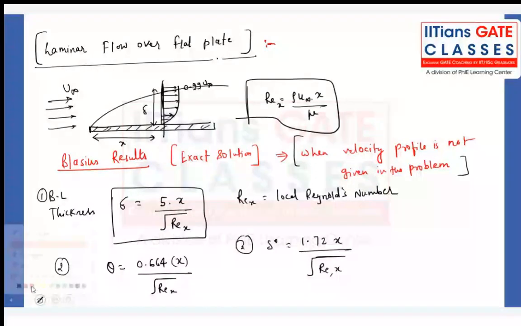Do not write it carelessly, otherwise you will get confused. Fourth one is the shape factor, that is displacement thickness by momentum thickness. That is 2.59, because 1.72 divided by 0.664 gives the shape factor.